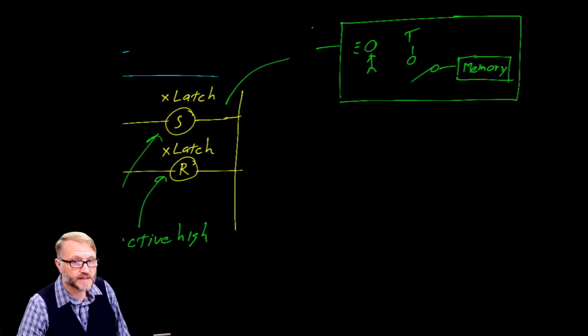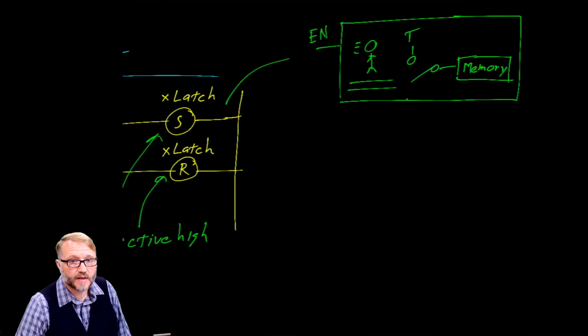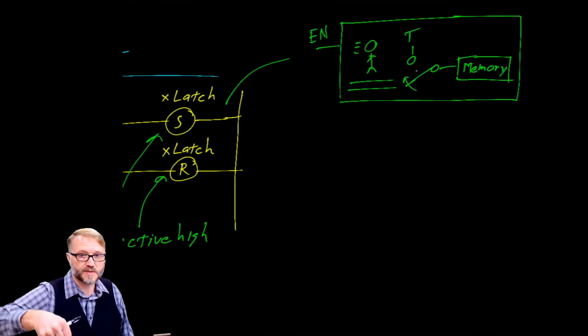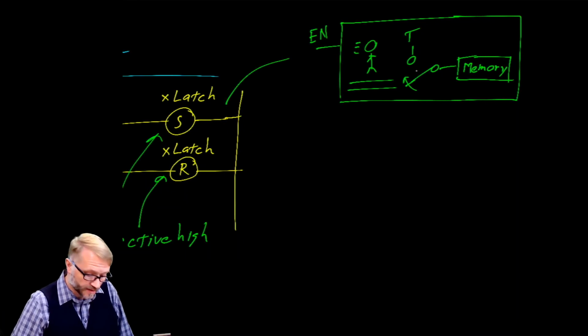Not much to a set coil. You've got your hero sitting in here watching this input. We'll call it the enable line. And if the enable is true, the only thing that our hero can do is move this lever to the true position. That's it. There is no false position.